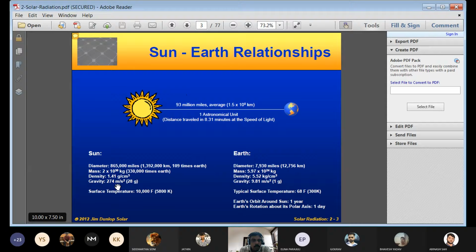Gravity is 274 meter per second square. For Earth, it is 9.81. You know that. So as mass increases, gravity also increases. Gravitational constant, right? Like radiation, each of us radiates, but it doesn't matter. Each of us also attracts.